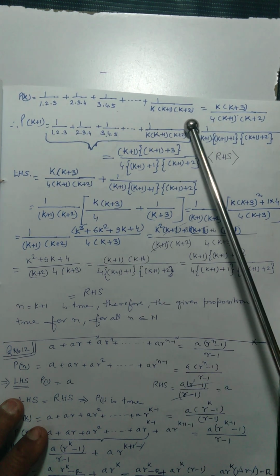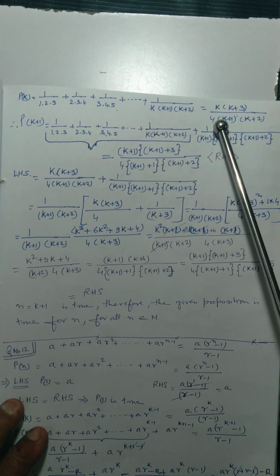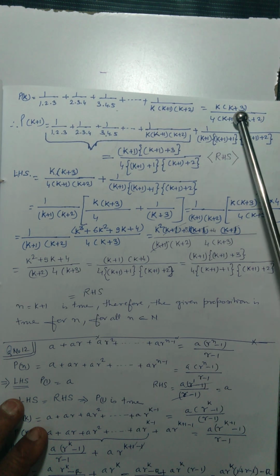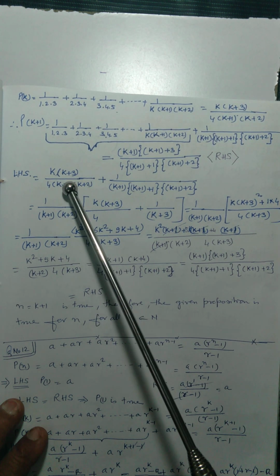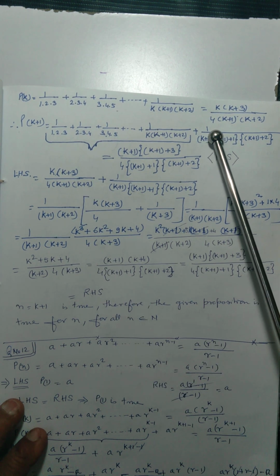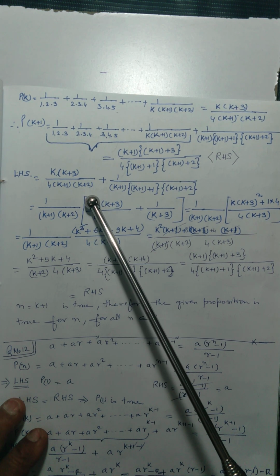You see the left hand side is already mentioned here, so this can be replaced by the right hand side. So what I have done here is k into k plus 3 whole divided by 4 into k plus 1 and k plus 2.